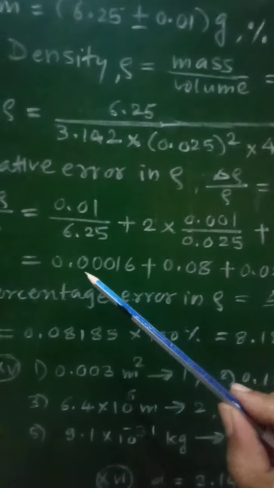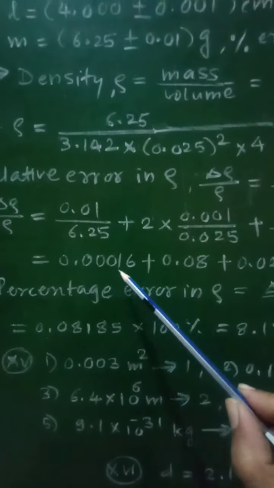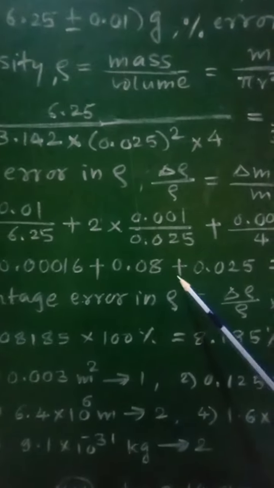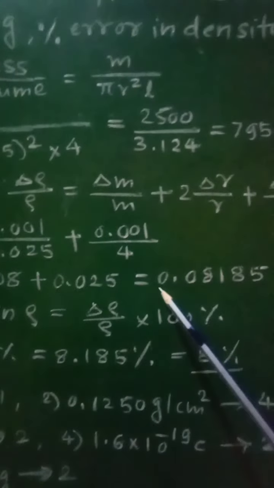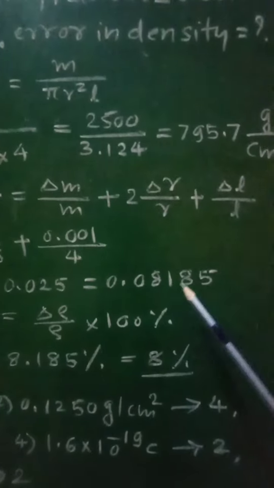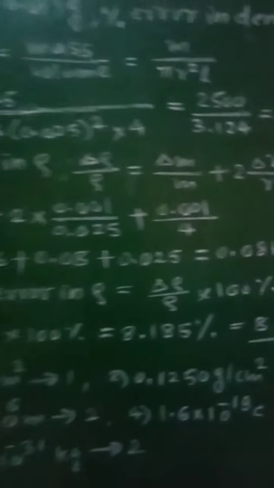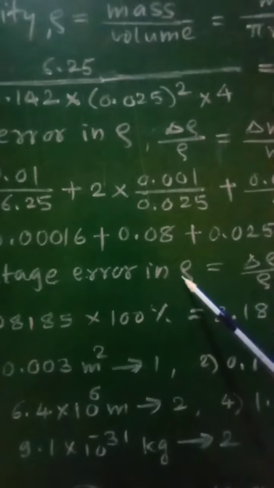Simplifying this, we will get delta rho upon rho is equal to 0.00016 plus 0.08 plus 0.025, which comes out to be 0.08185. So this will be the relative error.